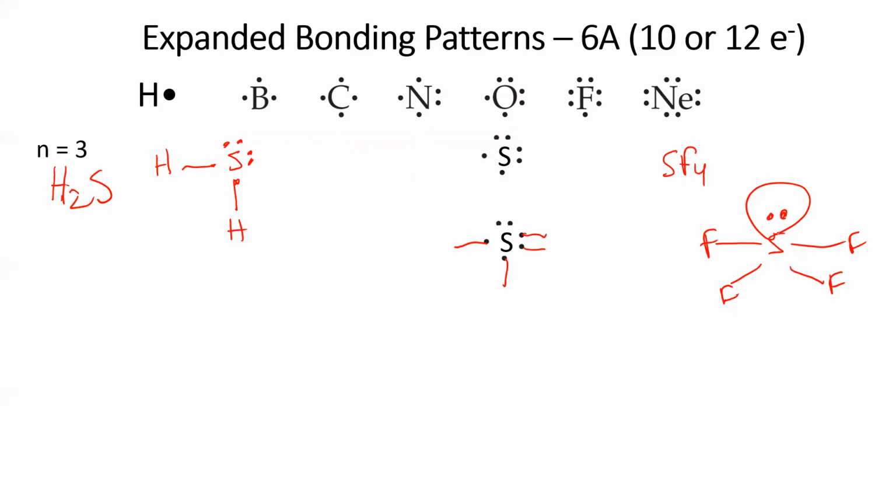But there we have 4 bonds and 1 lone pair. But remember, this is group 6A, so I can actually have 6 bonds: 1, 2, 3, 4, 5, 6, like in the case of sulfur hexafluoride.